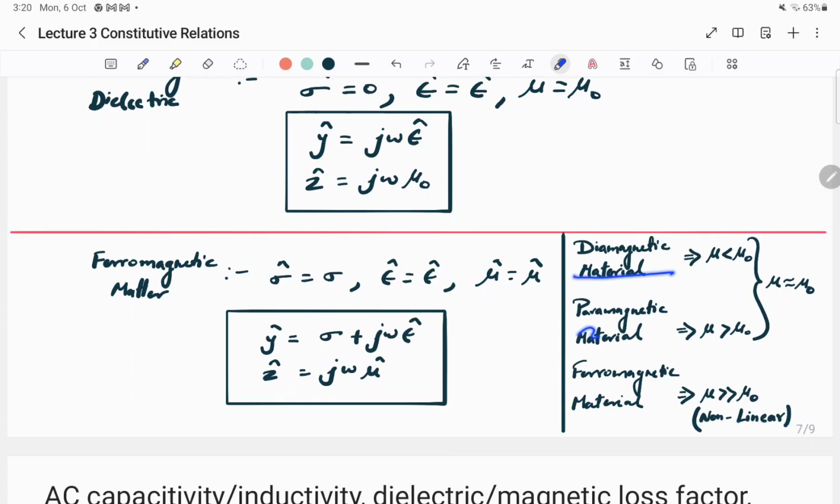So for diamagnetic and paramagnetic material, mu can be approximated with the free space permeability, that is mu naught. But for ferromagnetic material, we cannot do that. So for ferromagnetic material, sigma cap is sigma, epsilon cap remains epsilon cap, and mu cap also remains mu cap. So the admittivity and impedivity relationship becomes like this.